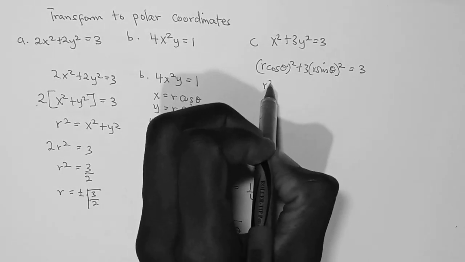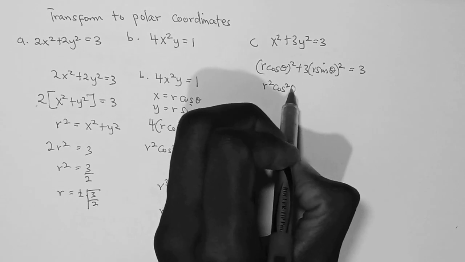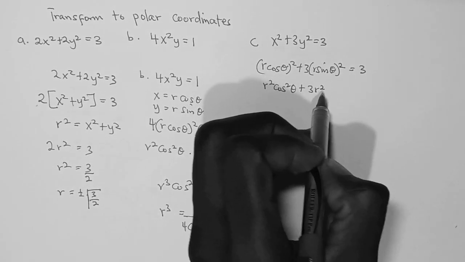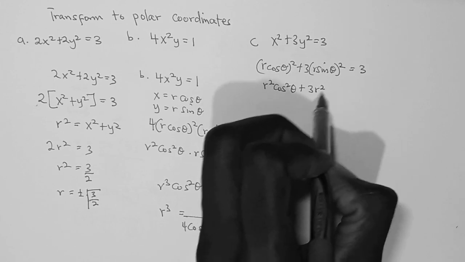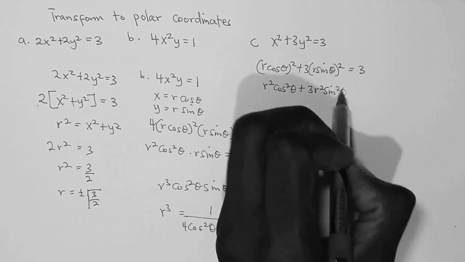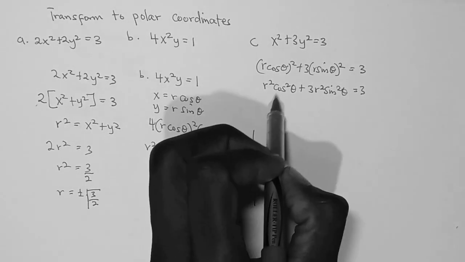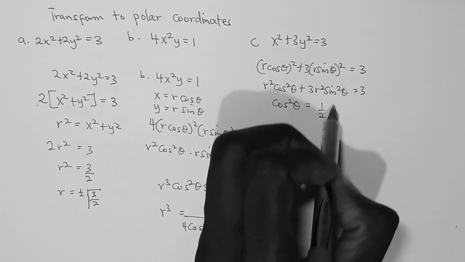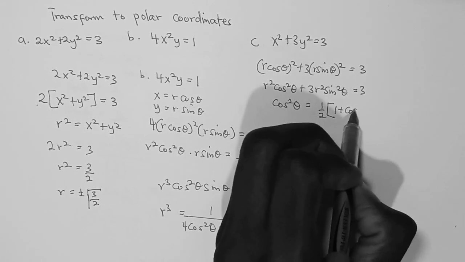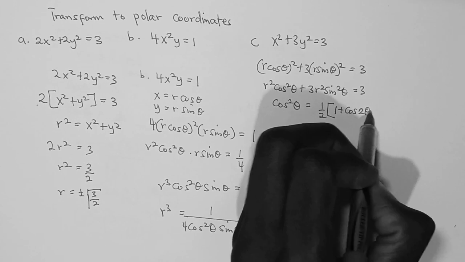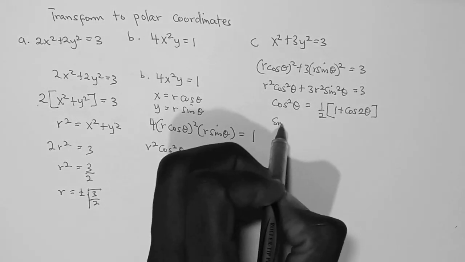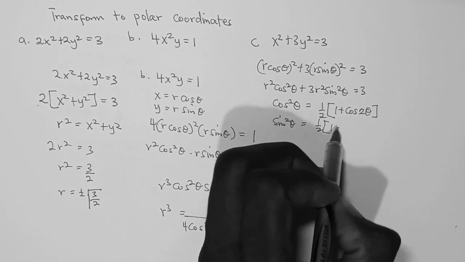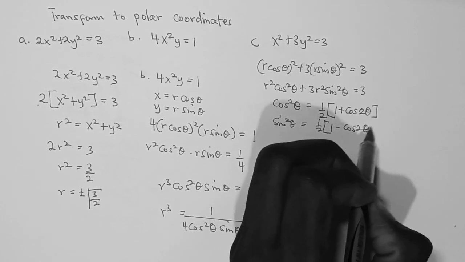So here becomes r squared cos squared theta, then plus 3r squared sin squared theta is equal to 3. But cos squared theta is equal to half of 1 plus cos 2 theta, then sin squared theta is also equal to half of 1 minus cos 2 theta.